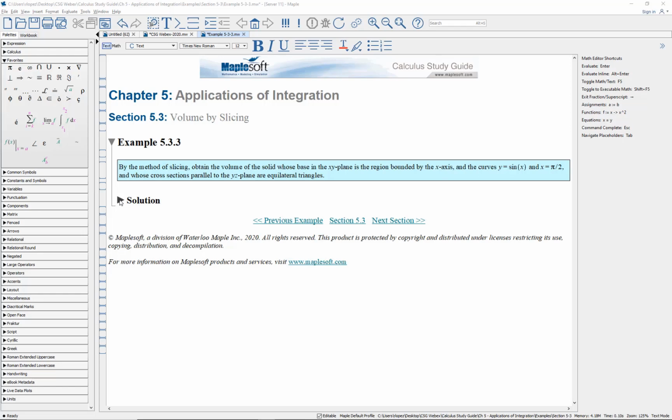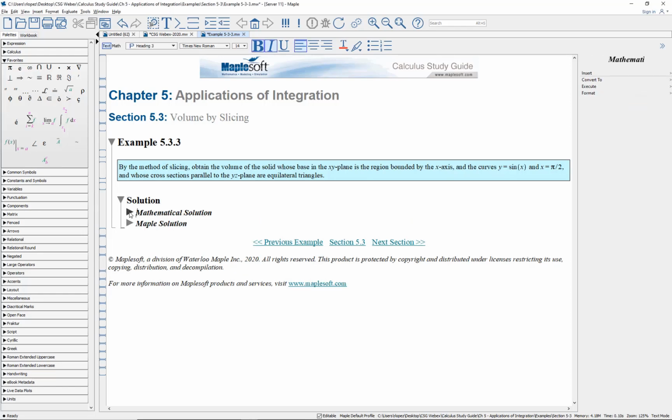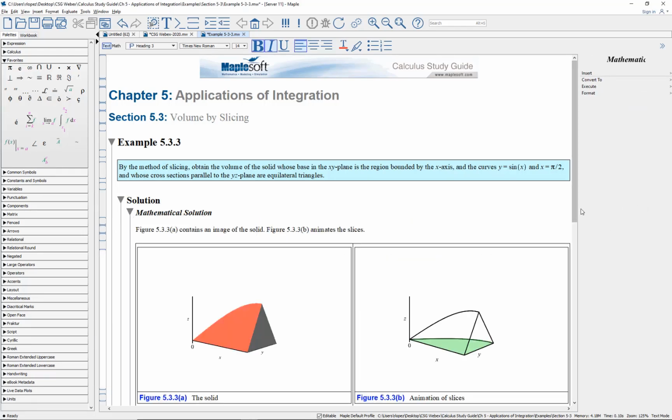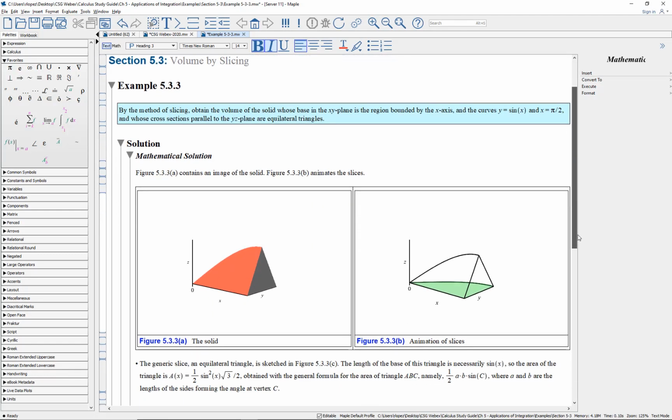Well, let's see what Maple's got to offer by way of help. So here's the mathematical solution, and it's got some figures drawn. This is what the solid looks like.